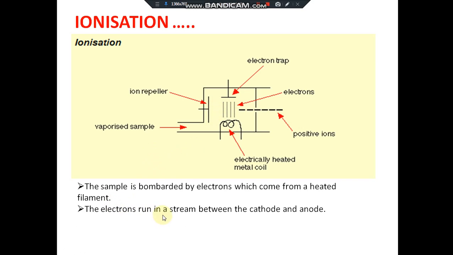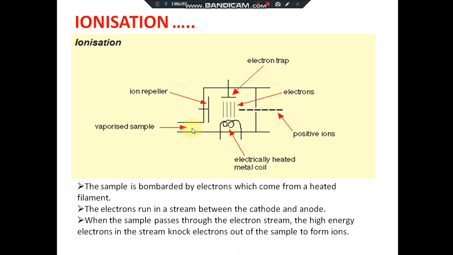The electrons run in a stream between the cathode and the anode. When the sample passes through the electron stream, high energy electrons in the stream remove electrons from the molecule, and then the positive ions come out.